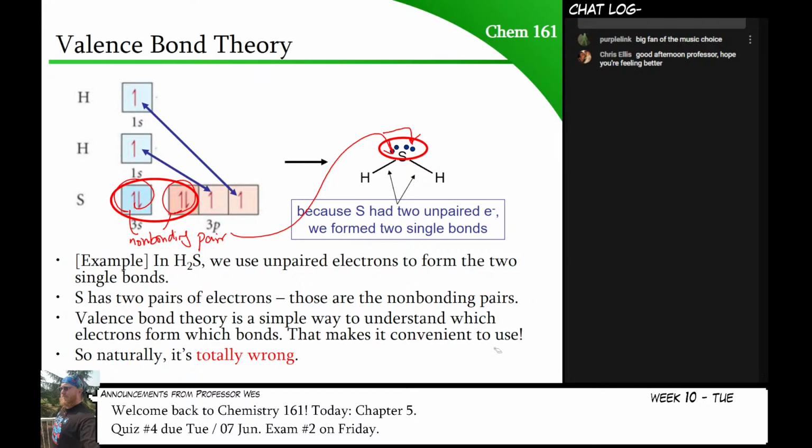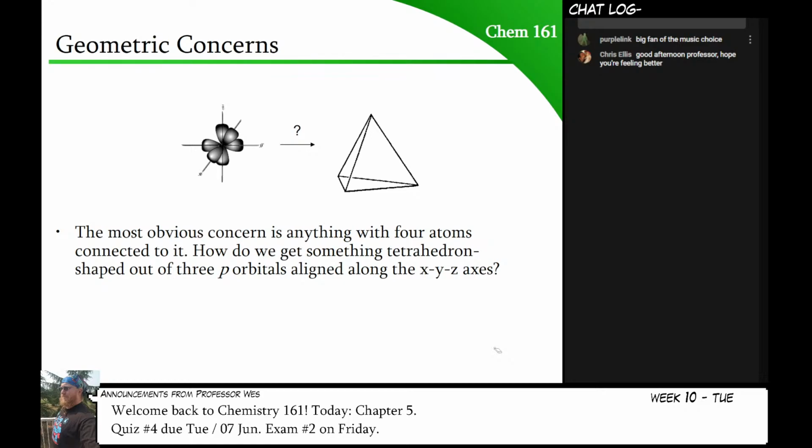So this is a great idea in principle, but there's a serious fault in it. And that arises when we get to carbon. How the heck do I deal with carbon? Carbon has something that looks like this. And all along for its Lewis structure, we've been drawing this, right?